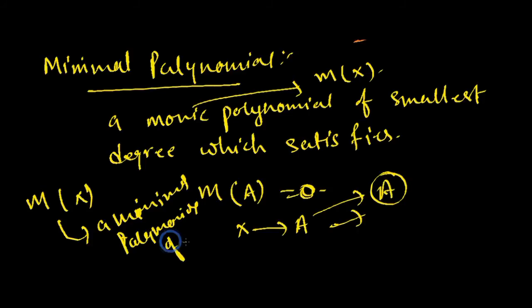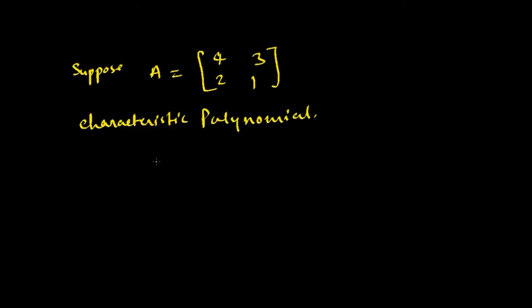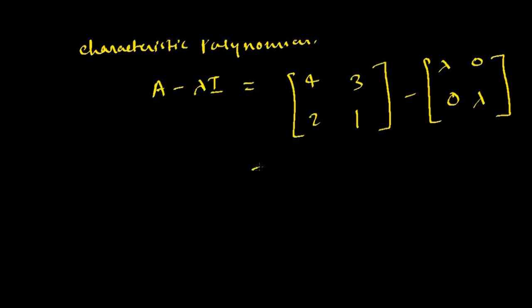Suppose A is a matrix and we want to calculate the characteristic polynomial. First we find A minus lambda I, which is the matrix with entries 4 minus lambda, 3, 2, 1 minus lambda.